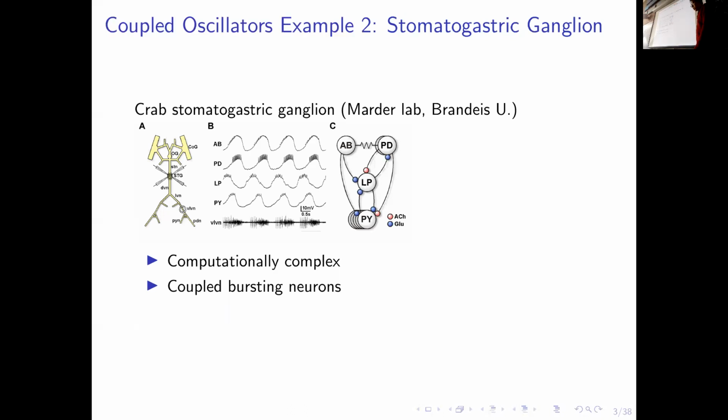Let's say we have bursting neurons, neurons that spike, then stay quiet for a while, then spike again, and stay quiet again. That's an example of bursting.